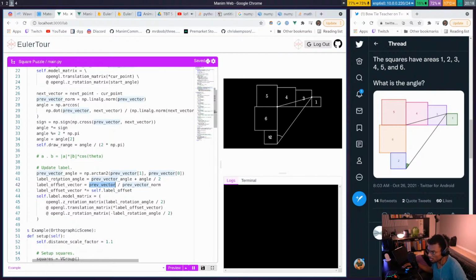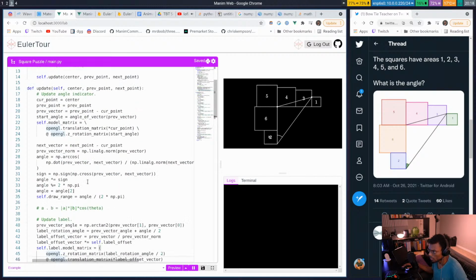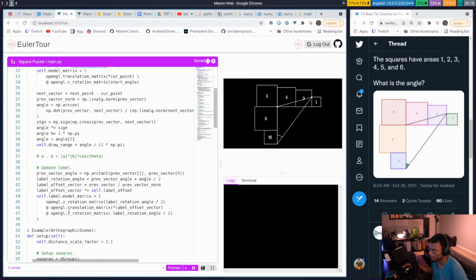Wait, so much of this makes very little sense to me. How much is this rotated by? Z rotation matrix start angle, which is the angle of the pre-vector. So it's starting out rotated by this much. So that means not doing any of this stuff.